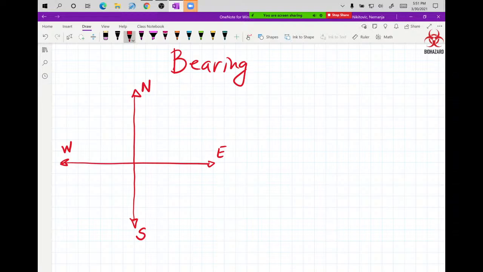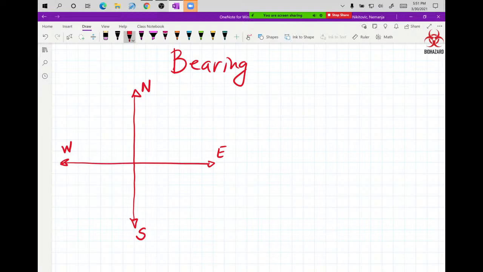Now, the direction in which you go, if it's on the axis, you will go due north if you go up. Not up in the air, but forward. And then you go left and right, due west, due east, due south. But you can also go at an angle to any one of these.